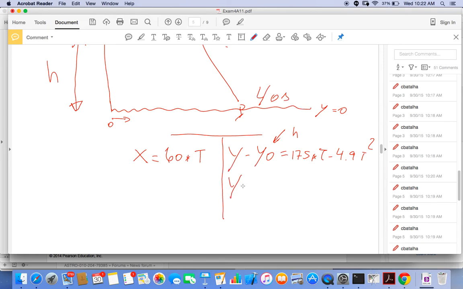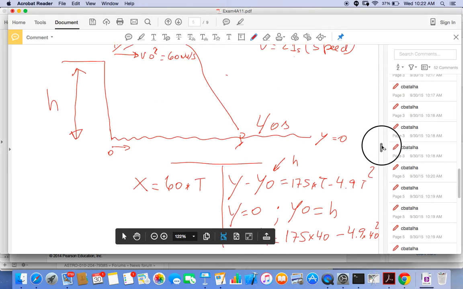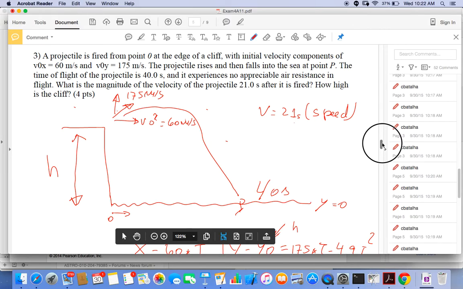So then you can say, okay, y equals 0, and my y naught is equal to the height of the building, so 0 minus height is equal to 175 times 40 minus 4.9 times 40 squared. And then from here you can get your height, right? So you have your height.